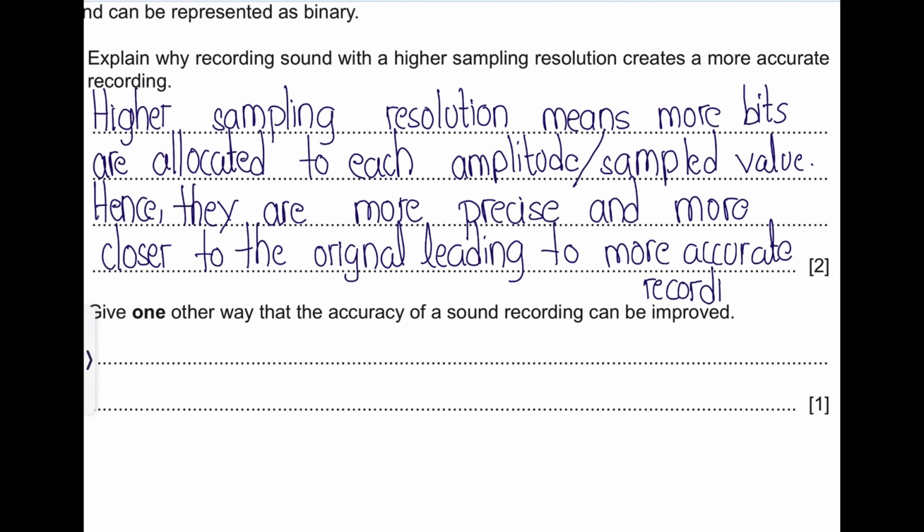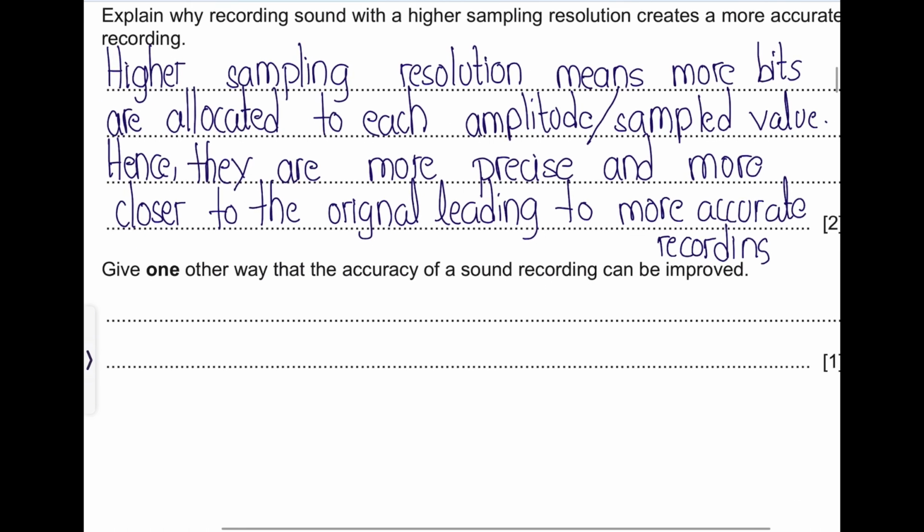Alright, let's read the next part, which says give one of the ways the accuracy of sound recording can be improved. This would be increasing the sampling rate.